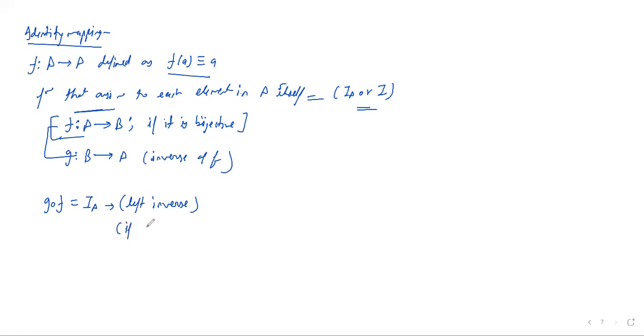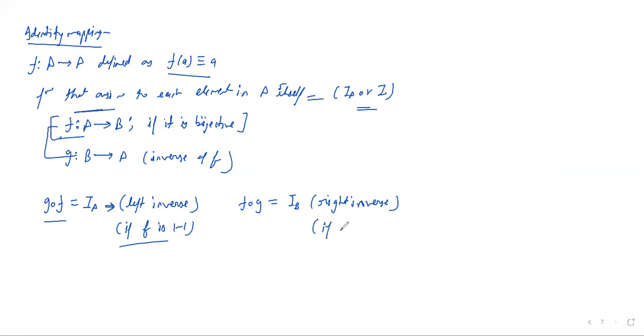Whenever our function is one-one, then we get the left inverse by the GOF function. And when I do the composition FOG, then I get IB, the identity mapping on B, that is the right inverse.